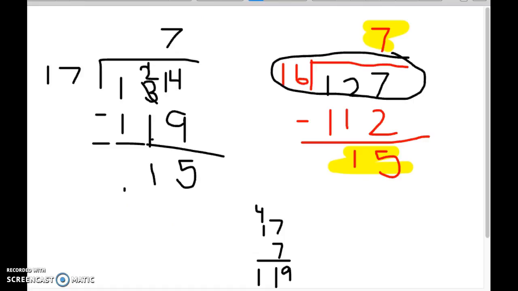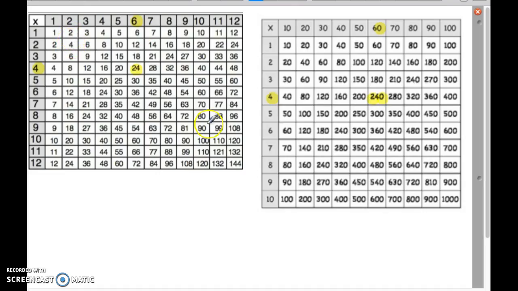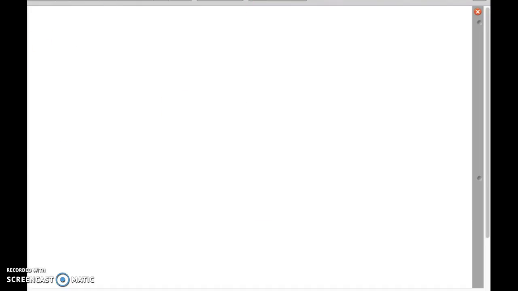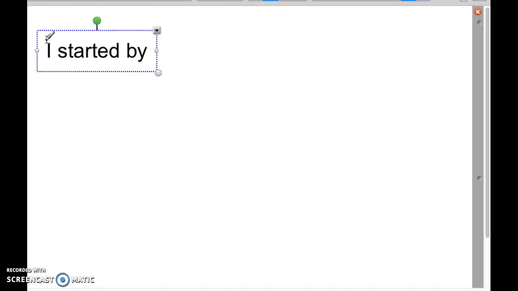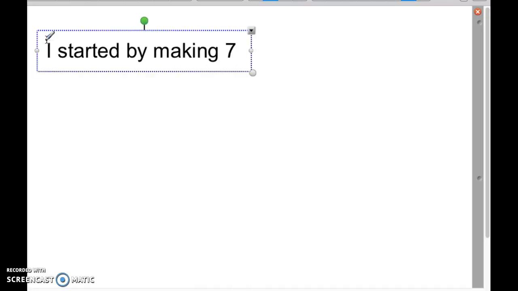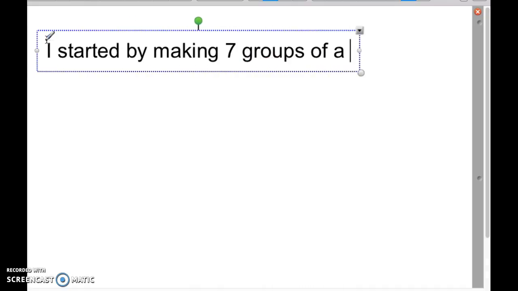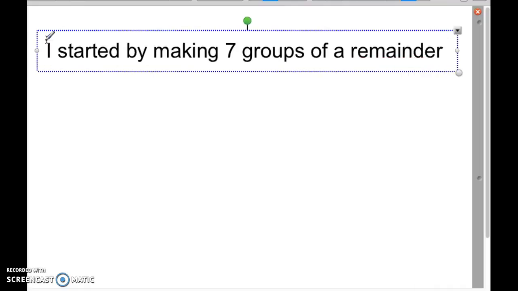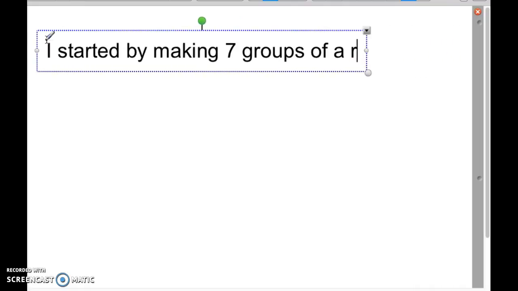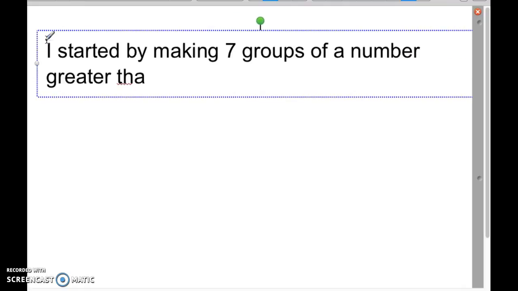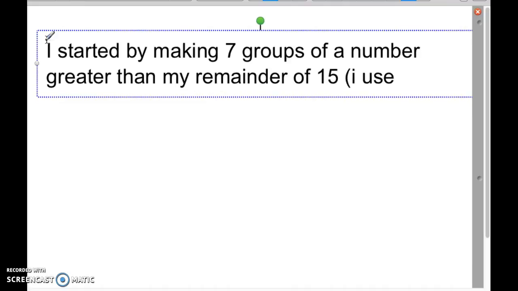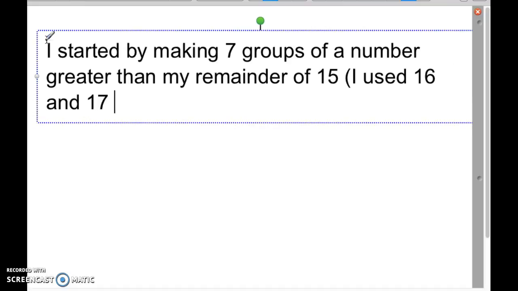So what does your explanation for your strategy look like? Well, what did I do here? Okay, so what I did here was I started by making 7 groups of a number greater than my remainder of 15. I used 16 and 17 as my divisors.